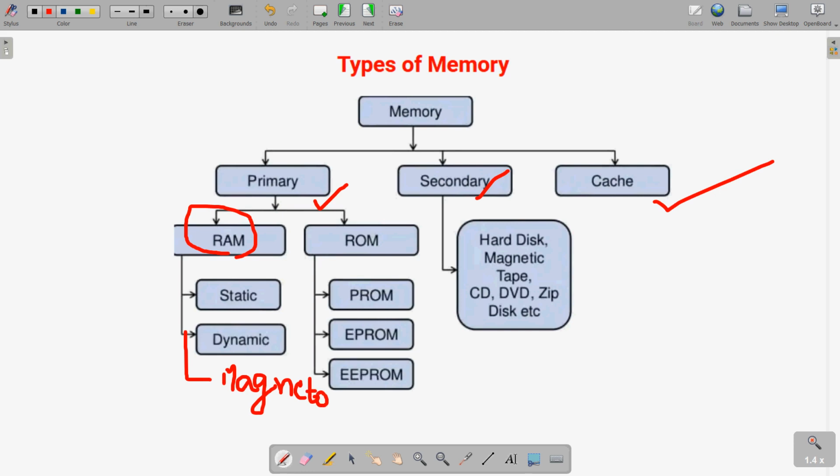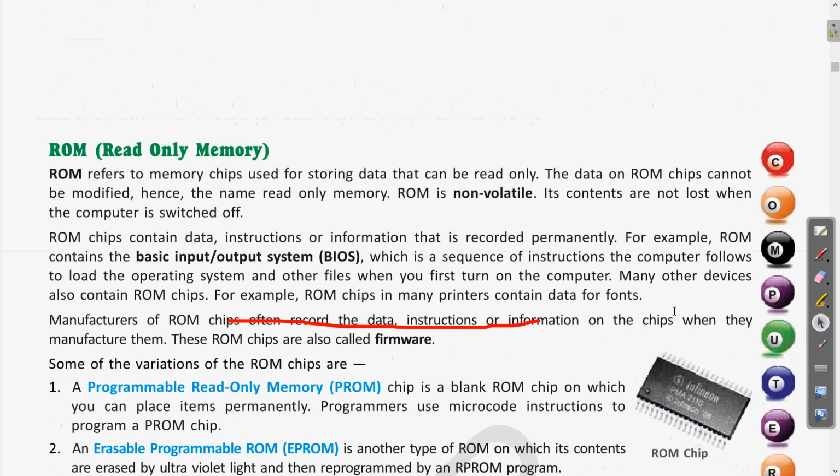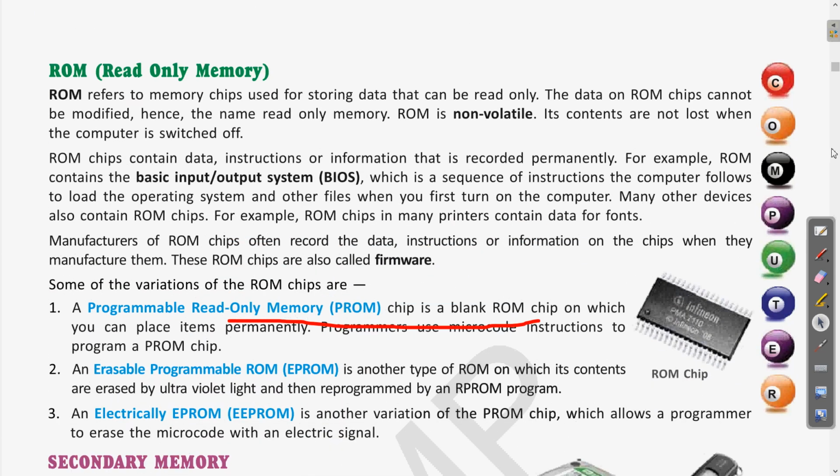In today's class we are going to study the ROM and the different types of ROM. Let us come to the textbook and start our next topic, that is ROM and the different types. I hope you are reading these things from the book as well and learning new things.